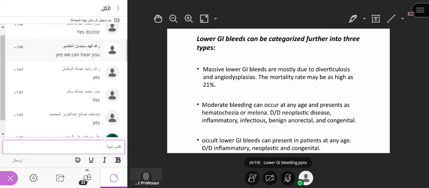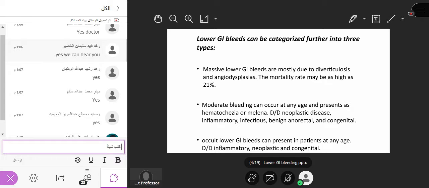In this moderate bleeding, we have a differential diagnosis of neoplastic, inflammatory, infectious diseases, benign anorectal, and congenital causes. Anorectal means hemorrhoids and fissure. It is not always true that diverticulosis will lead to massive bleeding, it may bleed a very small amount, but commonly diverticulosis leads to massive bleeding.